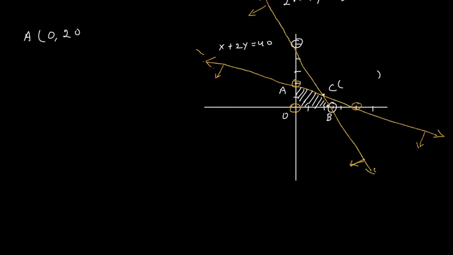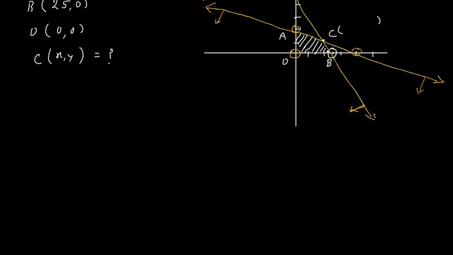B is 25, 0. O is 0, 0. And C we have x, y, question mark. We have to find the coordinate of point C.